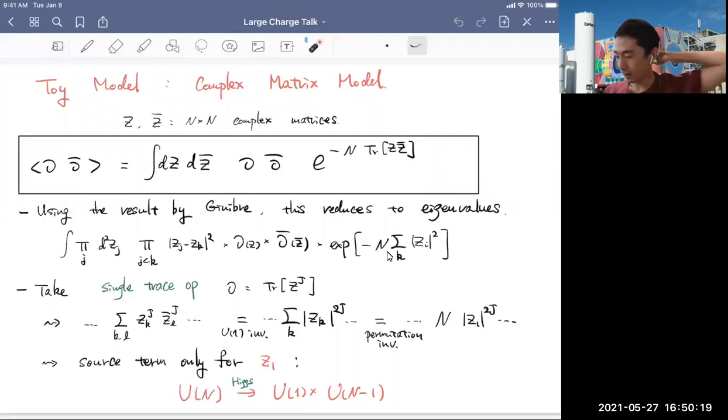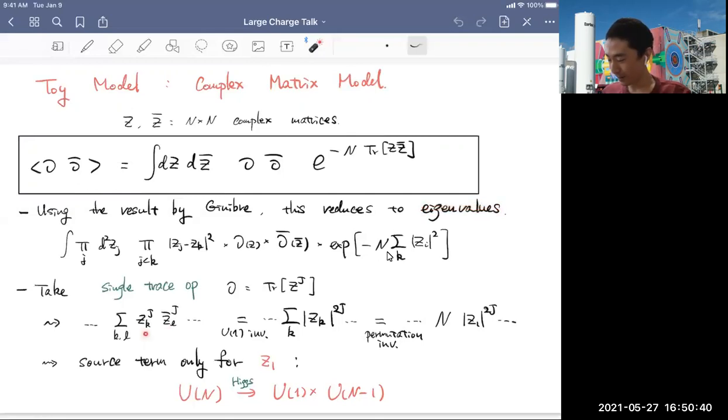Okay, right. So thanks for the question. We have a summation over two indices, K and L. Maybe I wrote this eigenvalue not quite right, it's more like a diagonal element.